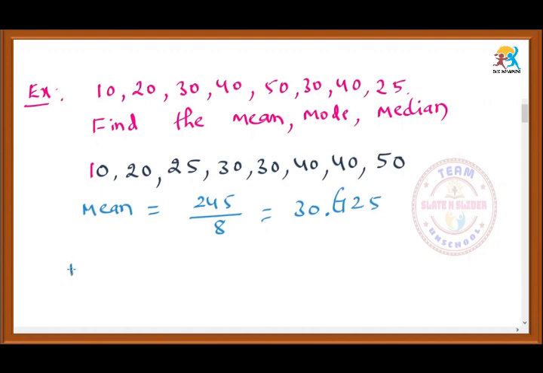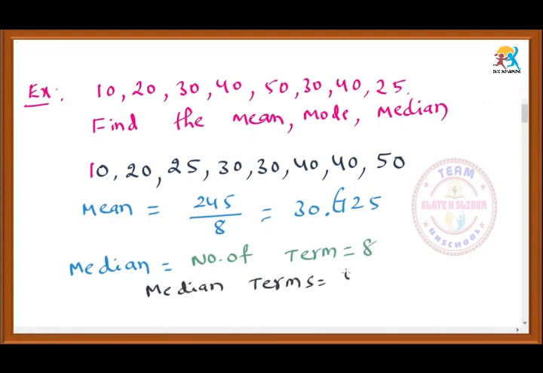And we will find out the median. First we should write the number of terms. The number of terms is equal to 8. Then the median terms, just make half, fourth term and fifth term.